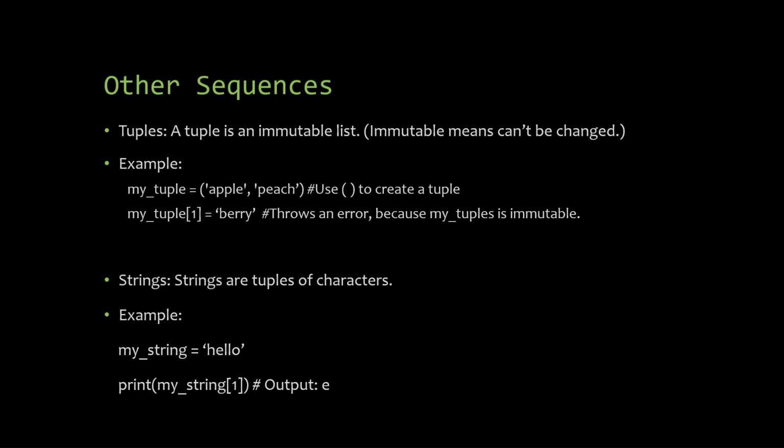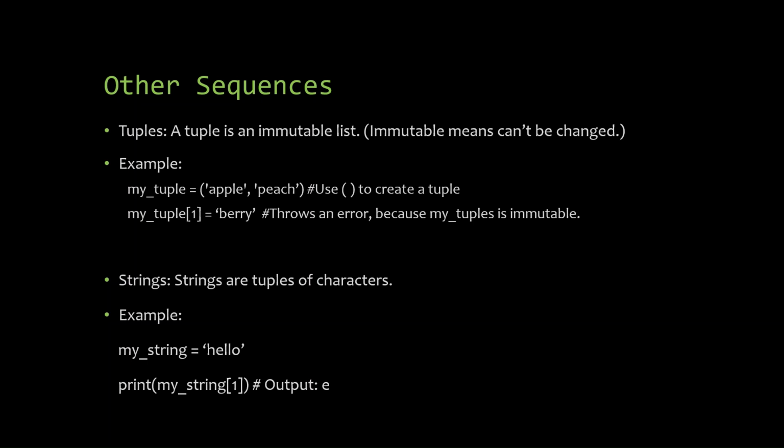We do have some other sequences. Typically, lists are going to be the most popular. We do have tuples. Remember, we can change what is in a list. A tuple is immutable. Immutable means it can't be changed. So think list, except it is locked in.